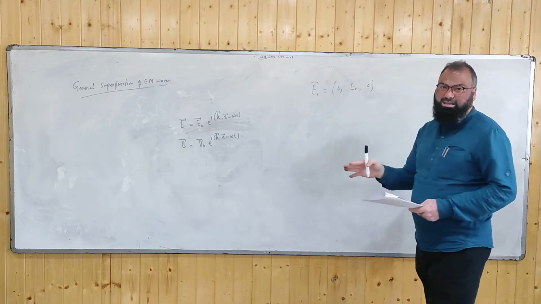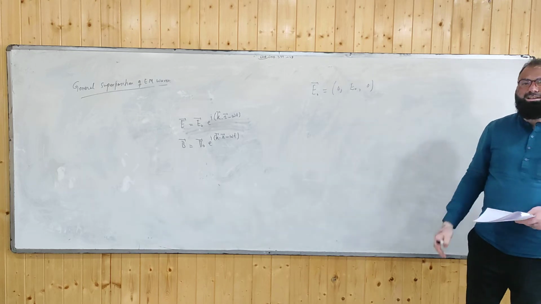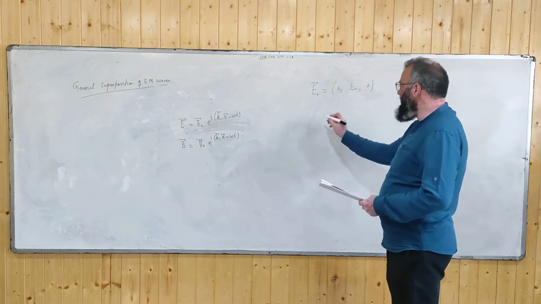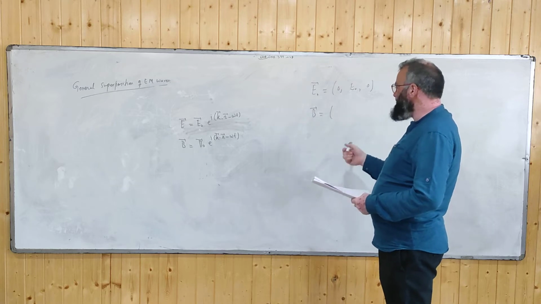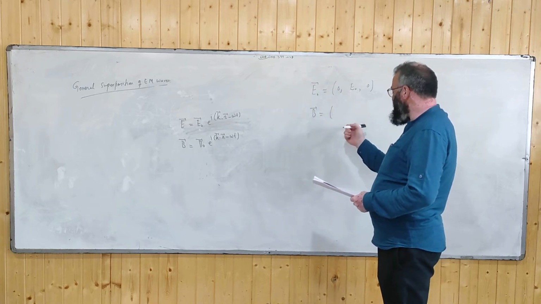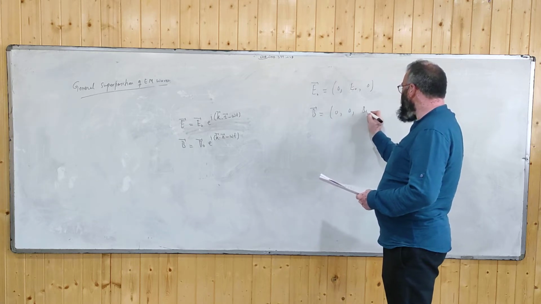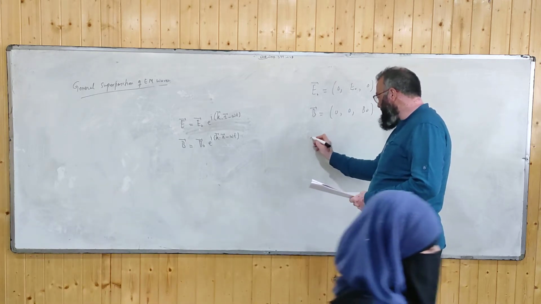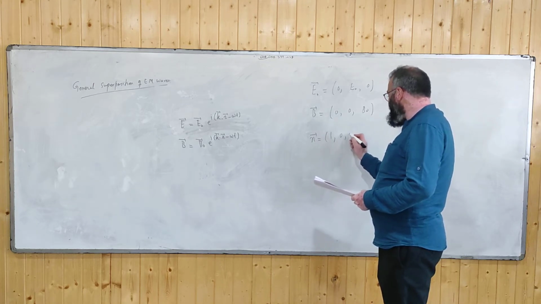So that means this electric field vector is along the y direction, and let's consider the B along the z direction, and the direction of propagation of the wave along the x direction.